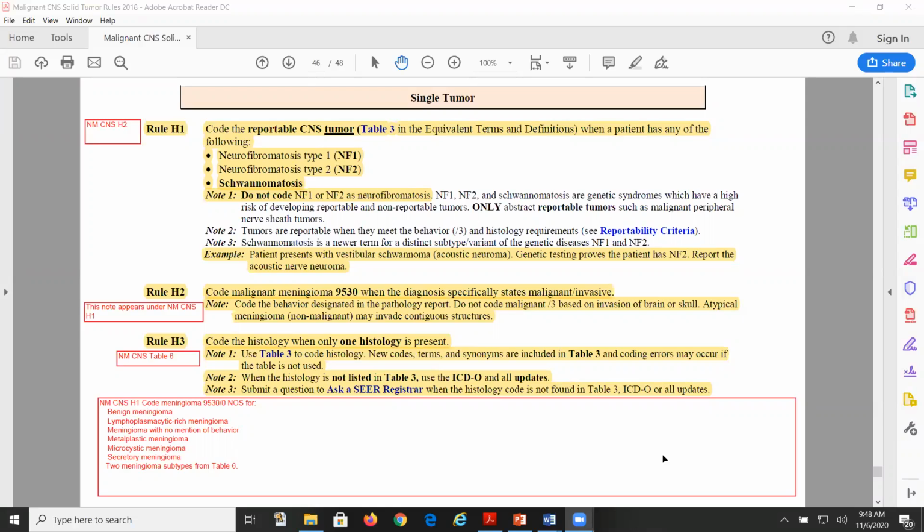If you do need it demonstrated, just put a request in the Q&A, and if we have time later, I will demonstrate that again. And if not found in the ICD-O-3 documentation, then you would go to your ICD-O-3 manual, and if not found in the manual, submit a question to ask a SEER registrar, and the link is here as well as on the SEER website.